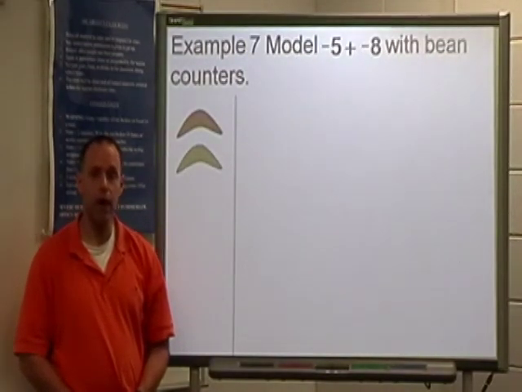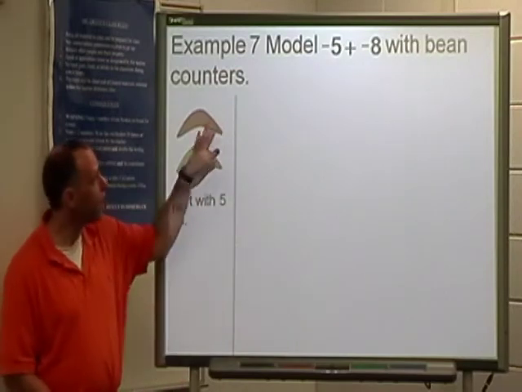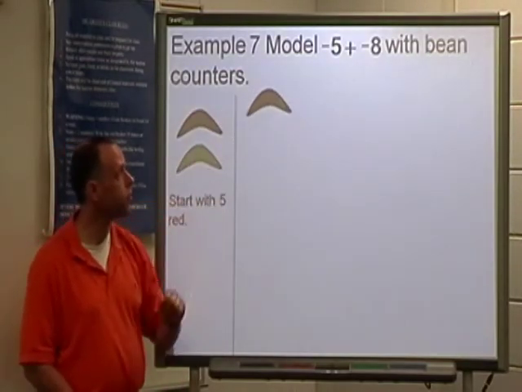Let's model negative 5 plus negative 8 using bean counters. Since the 5 is negative, I'm going to start by moving 5 red counters into my workspace.